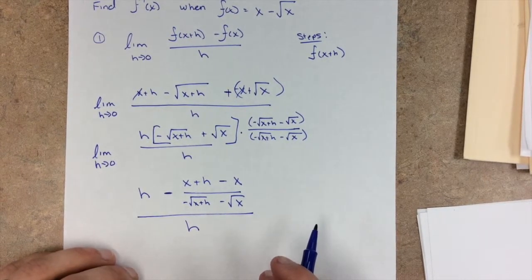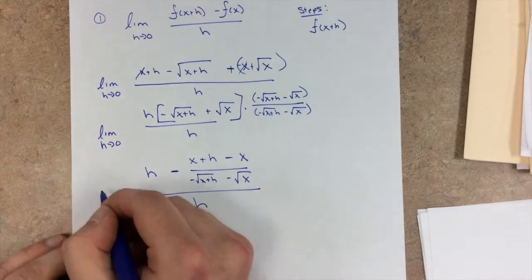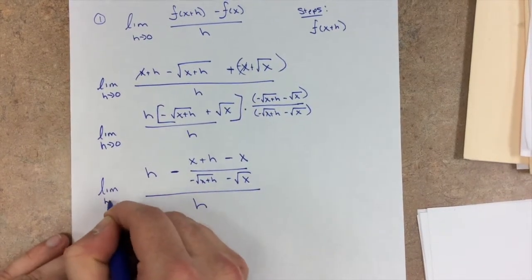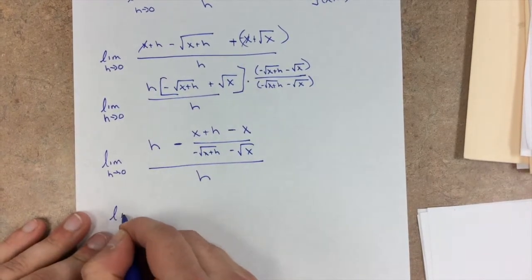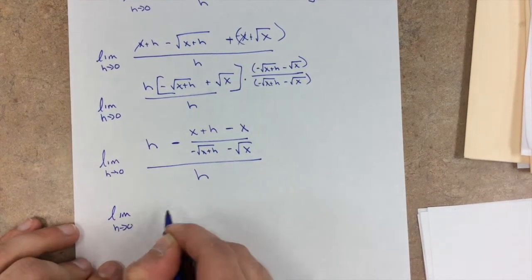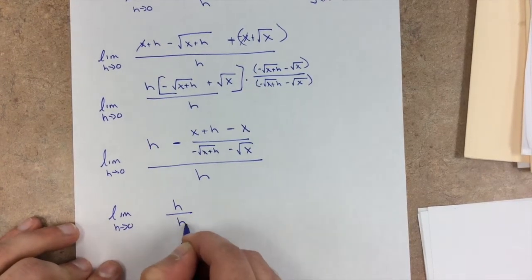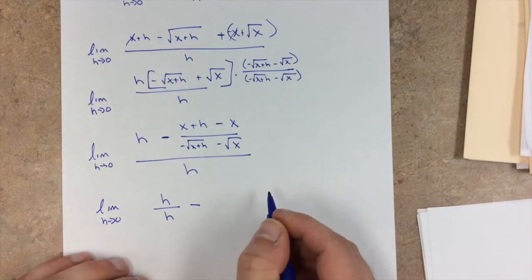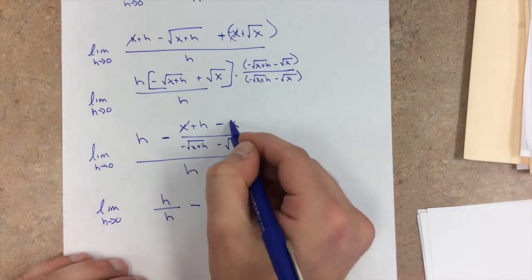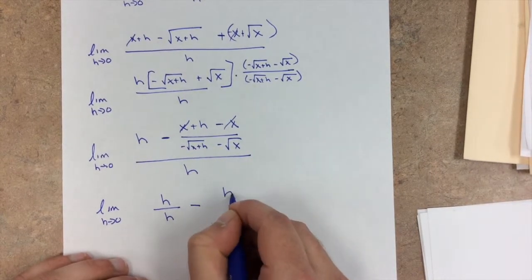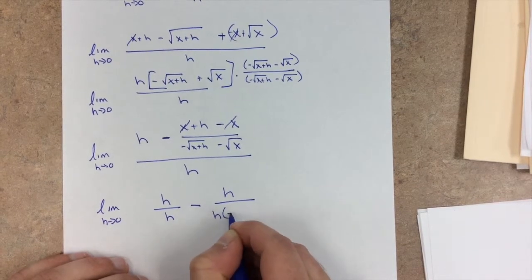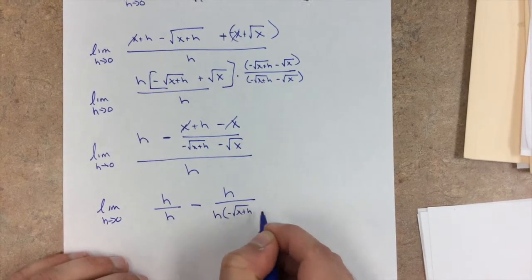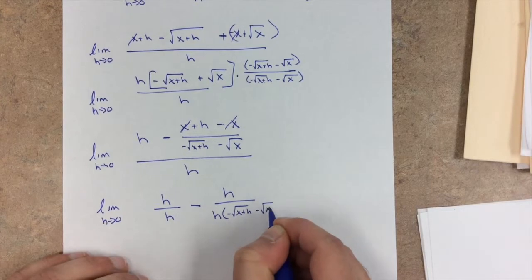Okay, now what do we have? Well, let's write this out as a fraction. We have the limit as h approaches 0, h over h minus, well, our x's cancel out here. So I have h over h times negative square root of x plus h minus the square root of x.